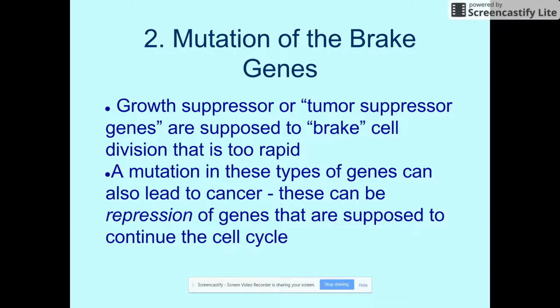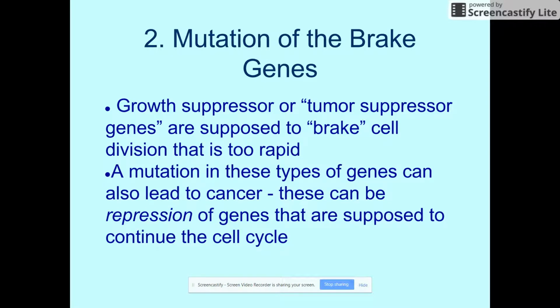The second way we can develop cancer is if we have a brake gene that becomes mutated. So we have certain tumor suppressor genes that are meant to kind of keep the cell division cycle in check as far as speed goes.